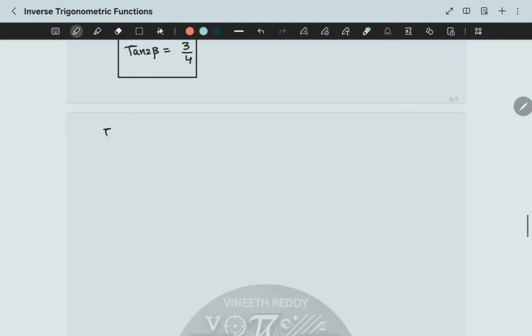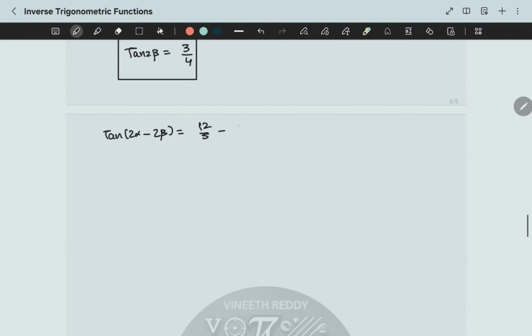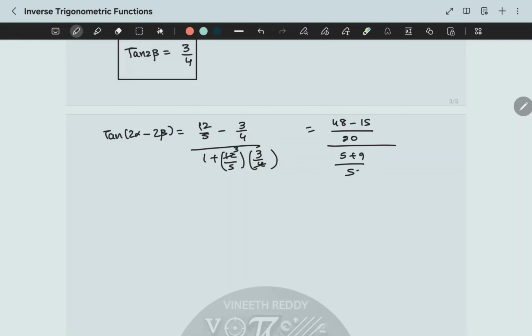Now tan of 2 alpha minus 2 beta will be tan 2 alpha, which is 12 divided by 5, minus tan 2 beta, which is 3 divided by 4, by 1 plus tan 2 alpha into tan 2 beta. So we get ultimately 12 into 4 is 48 minus 5 into 3 is 15, 5 into 4 is 20, plus 9 divided by 5, I think.